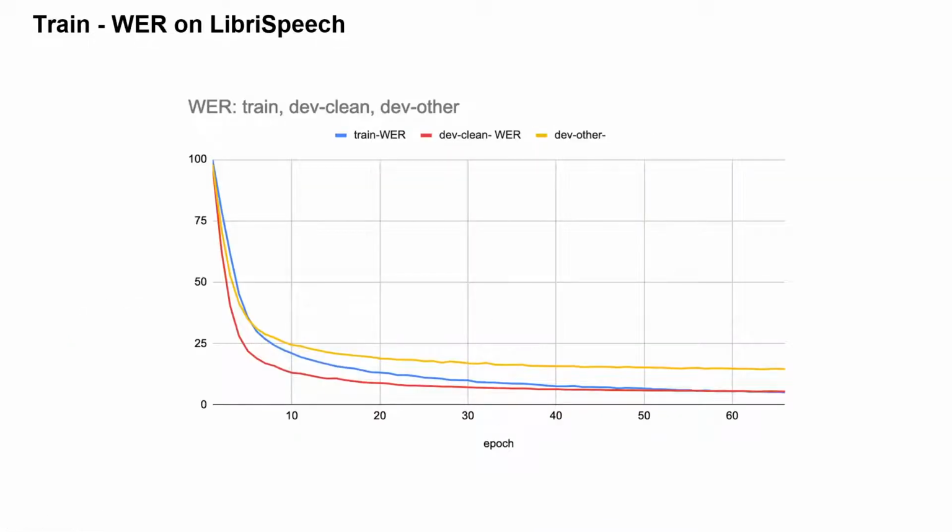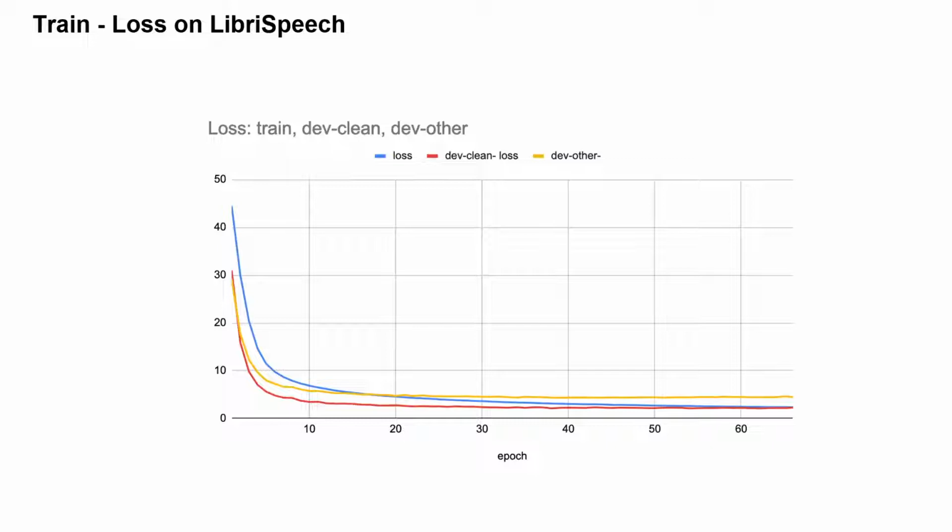So here's the chart. I had taken only up to 60 epochs, because after that the relative improvement was not much high. So the word error rate, if you see after somewhere between 30 to 40, the decoder, which is the yellow, actually stabilized, and the dev clean also stabilized, but the blue train error was continuously still going further down. The same was the case with the loss.